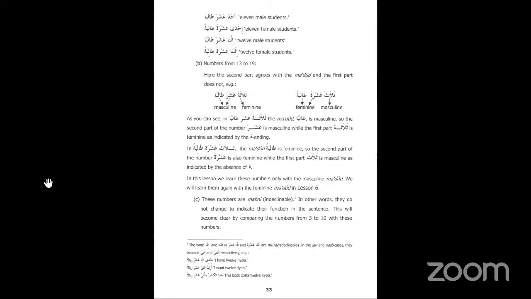Salasa ashrata talibatan, the madud talibatan is feminine, so the second part of the number, ashrata, is also feminine, while the first part, salasa, is masculine, as indicated by the absence of ta. In this lesson, we learn these numbers only with the masculine madud. We will learn them again with the feminine madud in lesson 6.